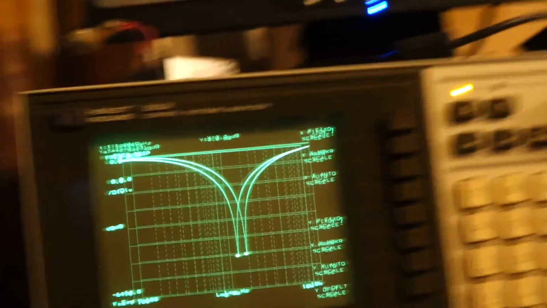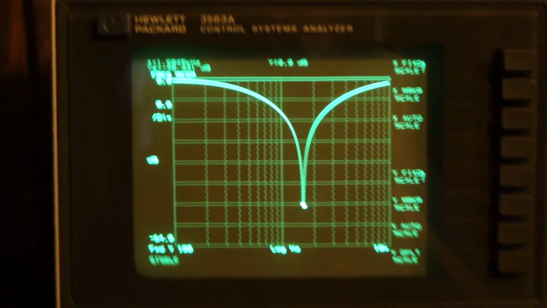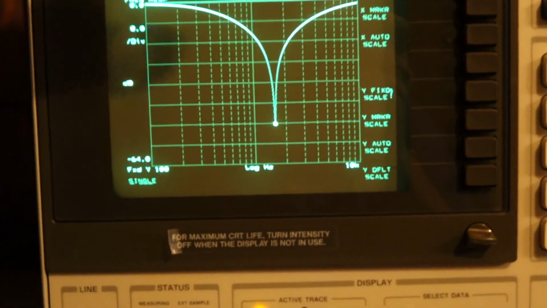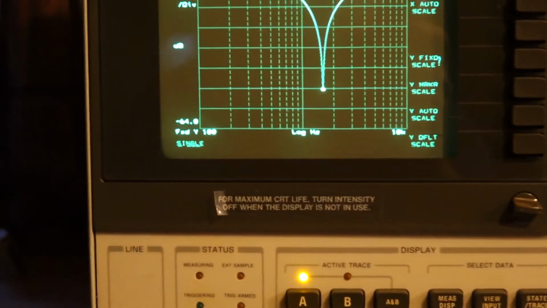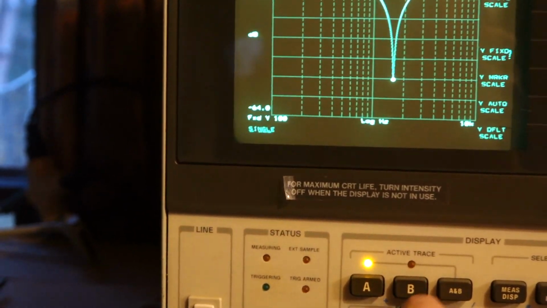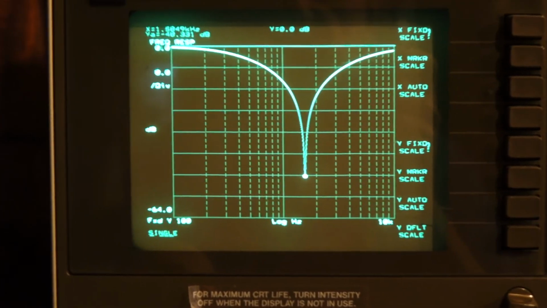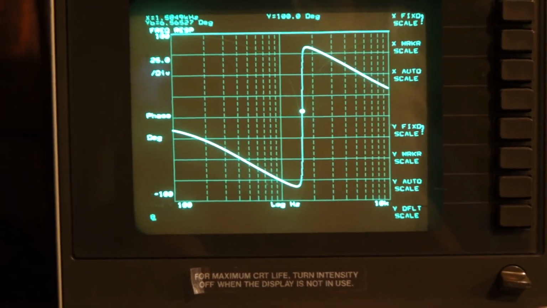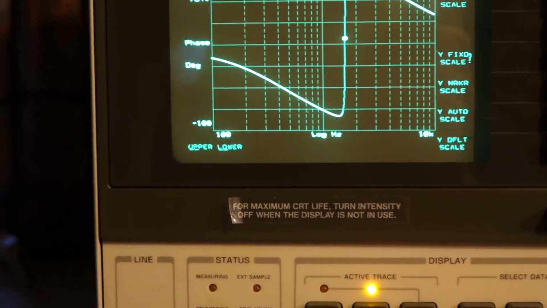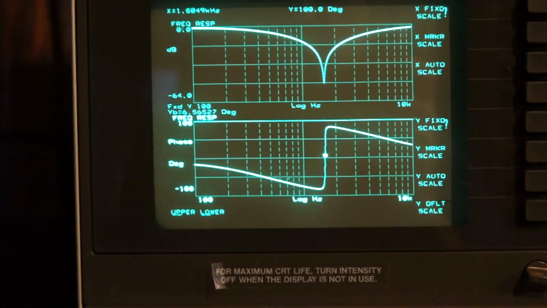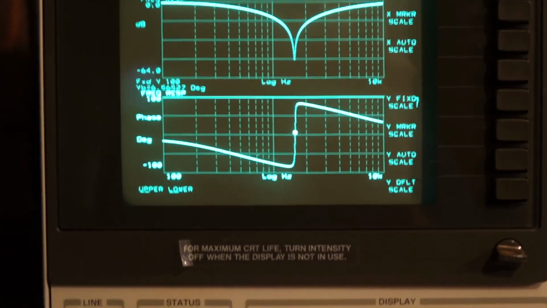And I also have it analyzed here on a Hewlett-Packard 3563 network analyzer. The response is stored, and here again you can see the phase response here, and both the amplitude and phase response together.